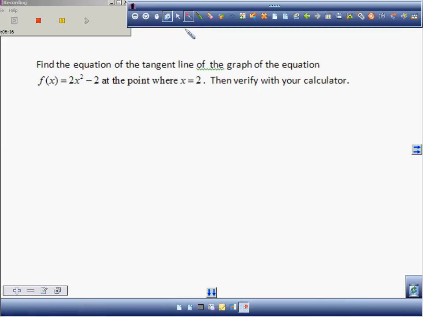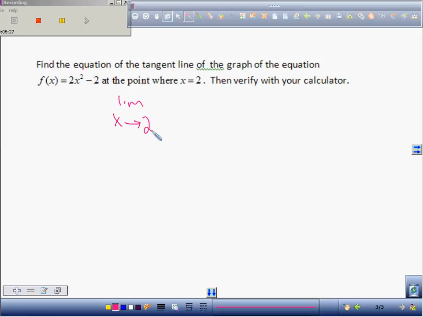So the first thing you're going to do, this is the one where you use the limit as x goes to c. So this is the limit as x goes to 2 of f(x), which is 2x² − 2, minus f(c), and c is 2, over x − 2.